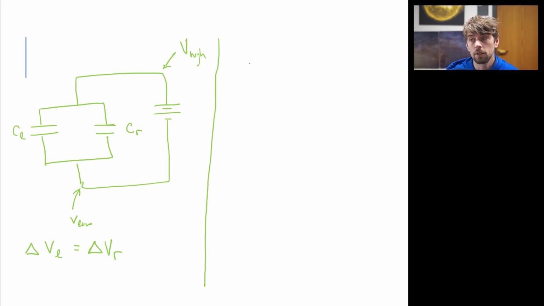So again, let's play our same song and dance. We would like the potential energy stored by an equivalent capacitor to be the same as the potential energy stored by the individual capacitors added together. But here, rather than assuming the charge is the same for all three capacitors, we are going to assume that the potential drop across the capacitors is the same.